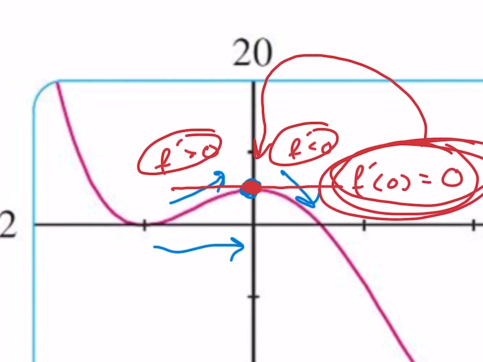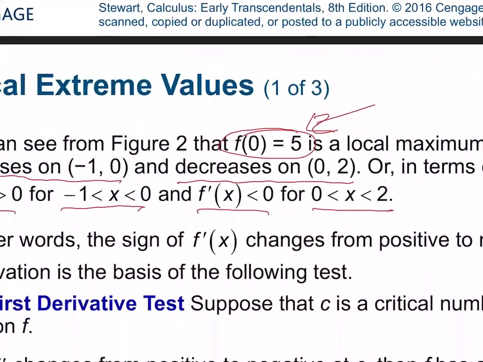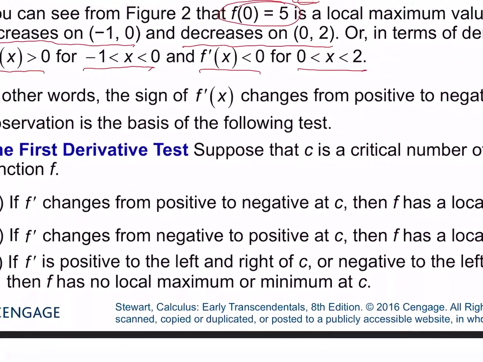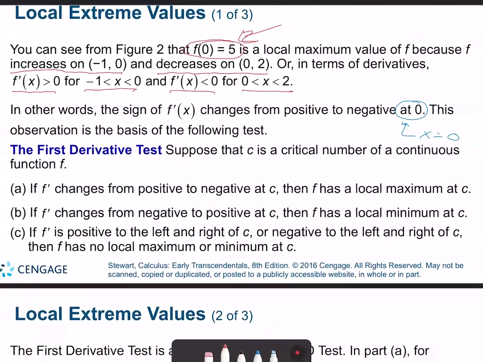The slope was 0. The slope changed from positive to negative at that point right at the top of the hill, which just so happened to be a point that had an x-coordinate of 0. A lot of zeros right there. Don't love that. Don't worry. We're going to talk about other points, maximums and minimums that don't have x-coordinates of 0.